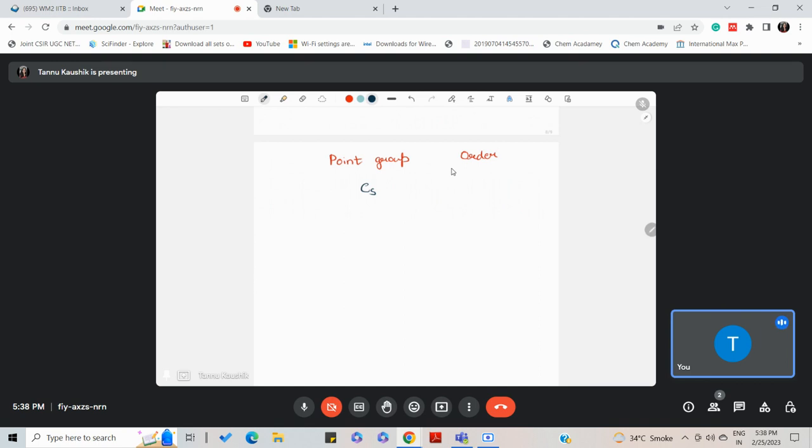The Cs point group has the identity element and the sigma plane only, so its order is 2. For the Cn point group, it will have the identity element and the n-fold axis of rotation present in the group, so the order will be n. Then Cnv, Cnh, Dn will have 2n order.